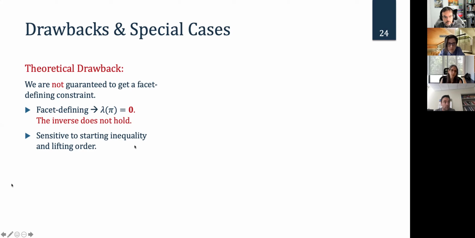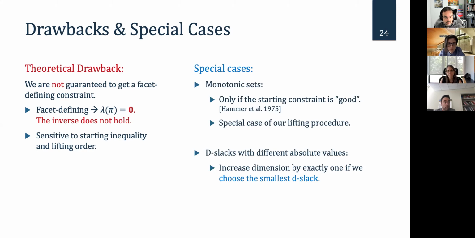And it's also very sensitive to the starting inequality and how I do this rotation, this lifting, which coefficient I use to change the coefficients of my constraint. But there are also some special cases where this works perfectly, again, relying on works that were before in the literature.